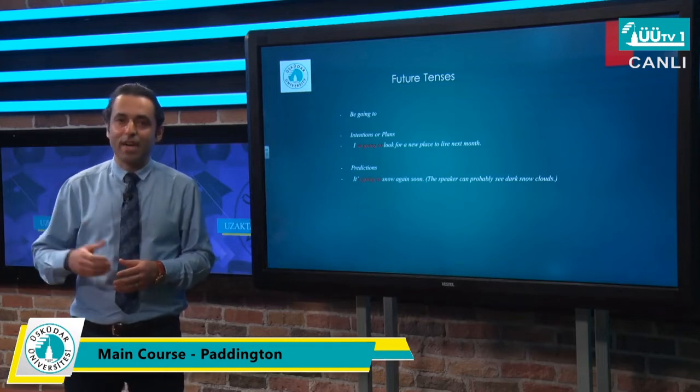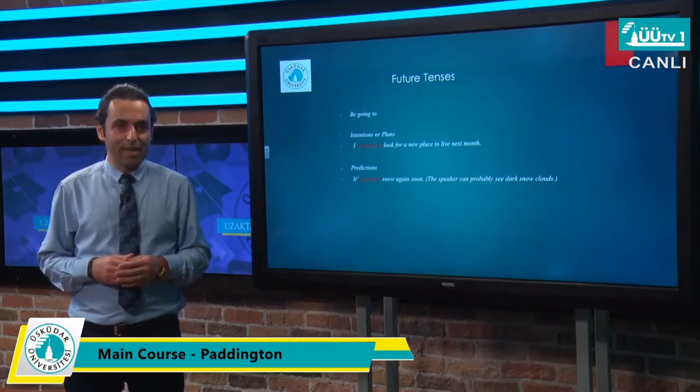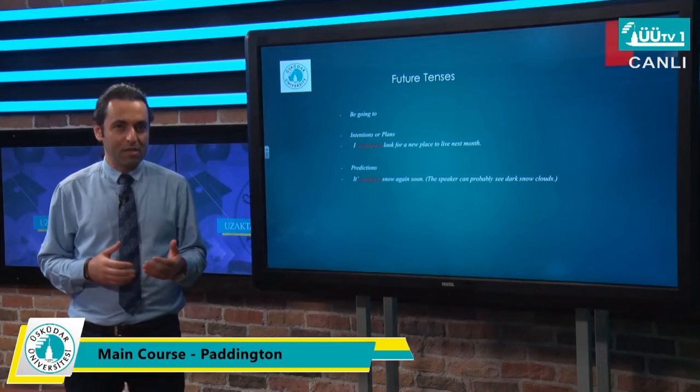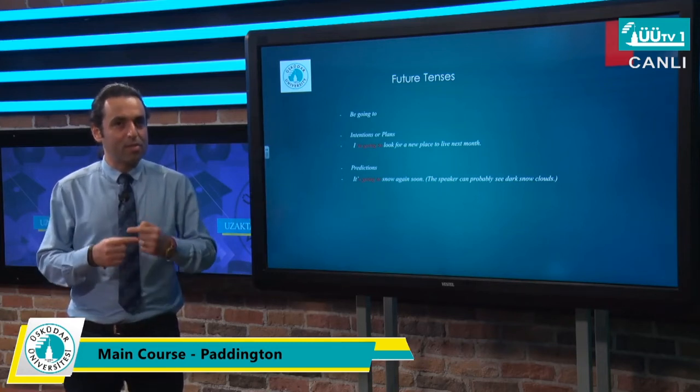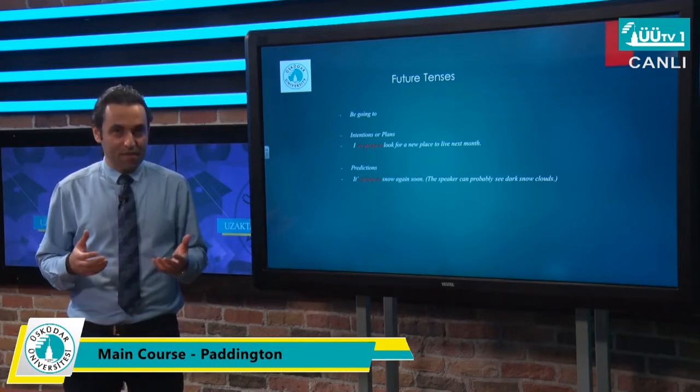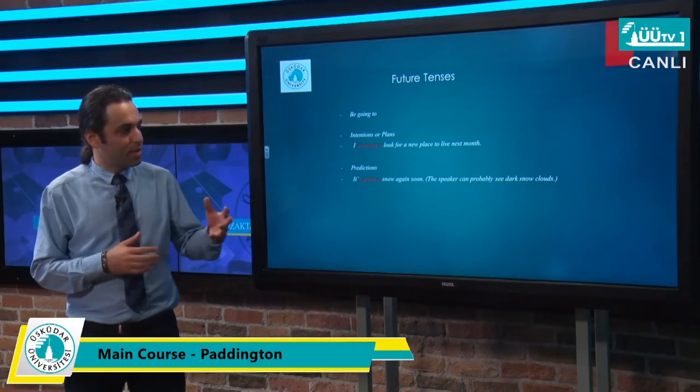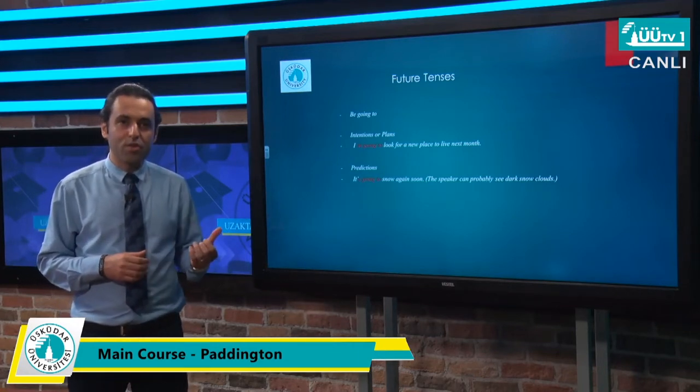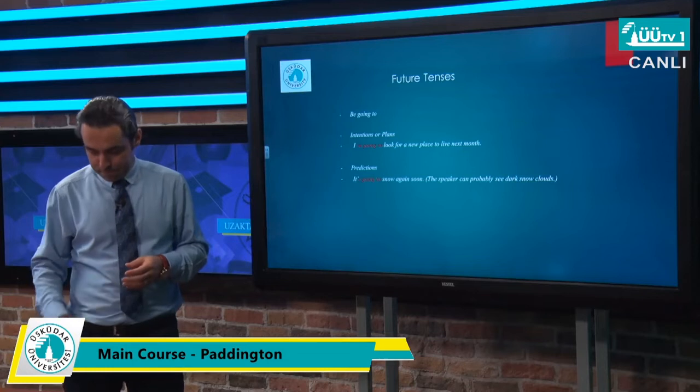When I look at the sky and I see a lot of dark clouds, it makes me feel more sure that it definitely will snow. So that's why I replace will with going to, to say that the prediction is going to be a very strong one. That's the only difference between prediction with going to and with will.